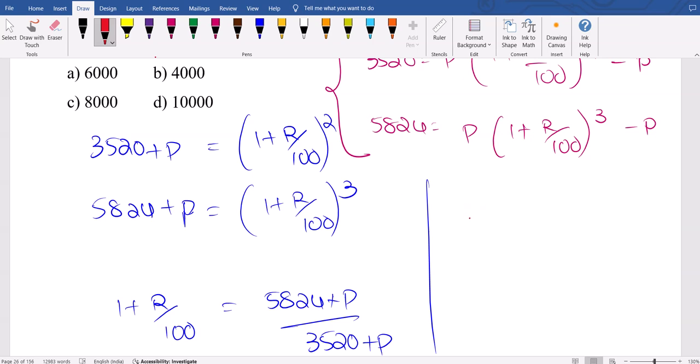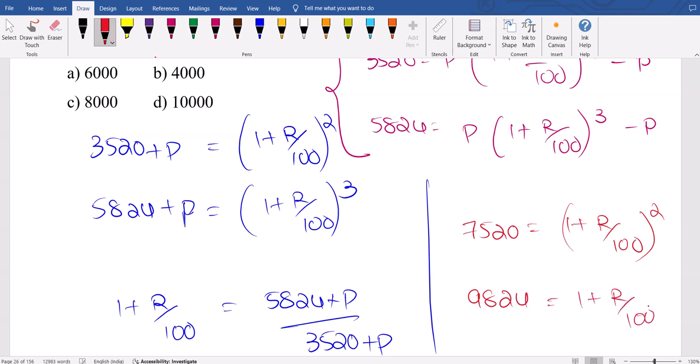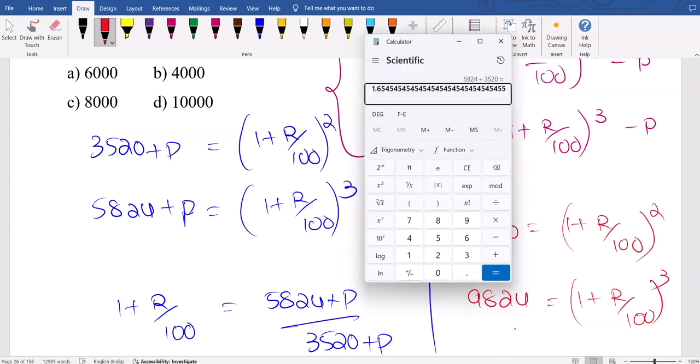If it is 4,000, 7,520 is the 2 years amount, whereas the 3 years amount will be 9,824. Dividing 9,824 by 7,520, I didn't get an exact one, so it's a waste.